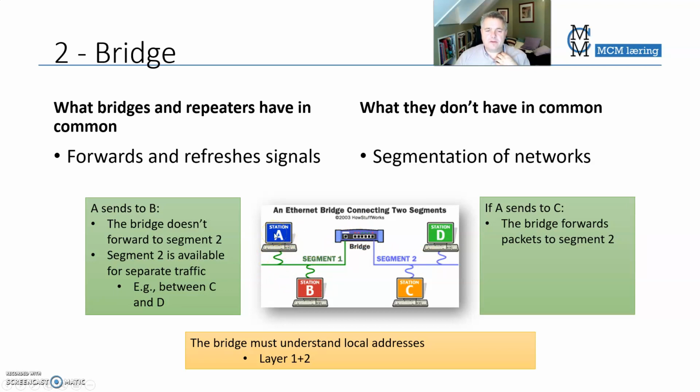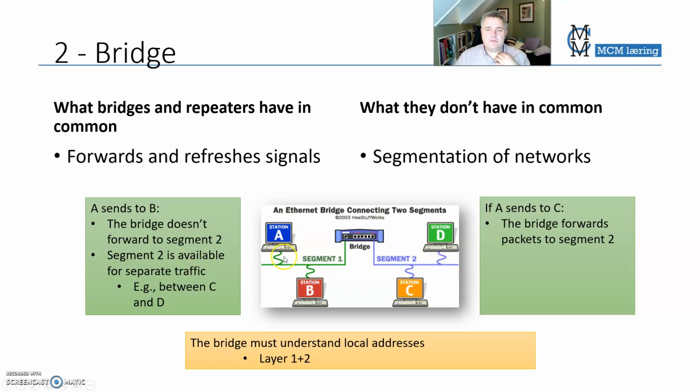So for example, if A wants to send to B, then the bridge will not transfer it to the other side, and therefore lessens the traffic on this side. While if A wants to send to C, it will have to bridge it over to segment number 2.